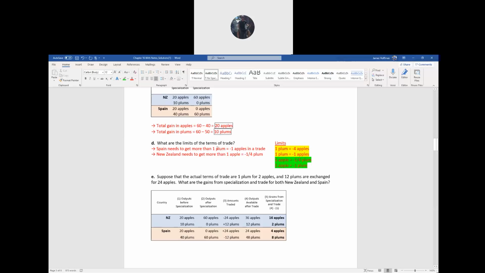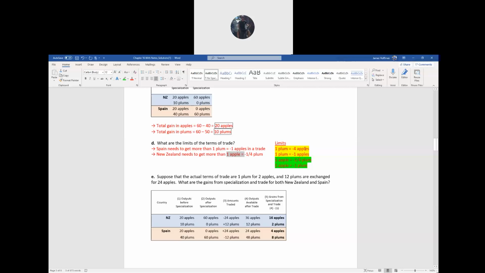Okay, so we take these two conditions that we stated, and these are the same thing. So either put them in terms of one plum equals, or put them in terms of one apple equals. So this is one plum equals one apple, and this is one apple equals 1/4 a plum. So this is always 1 to 1, right? So that's the same. This one for apples goes right there, one apple equals 1/4 a plum, or if you convert this in terms of plums, multiply by 4, and one plum equals 4 apples.